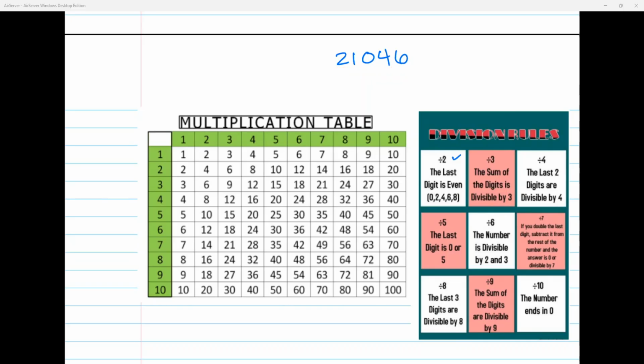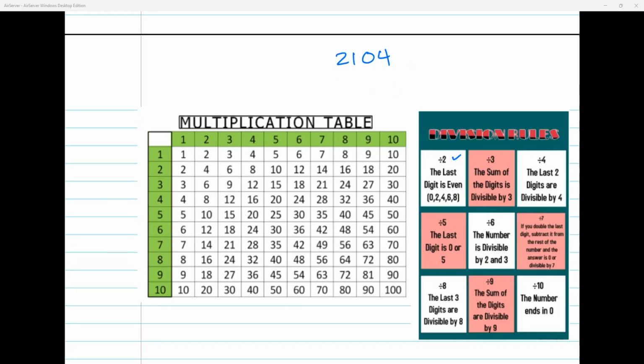When I added up these numbers, what I ended up with was 13. Well, all you have to do is check, is 13 divisible by 3? The answer is no. So since 13 is not divisible by 3, then the number 21,046 is also not divisible by 3. Pretty nice rule. Whoever came up with it must have been a genius.